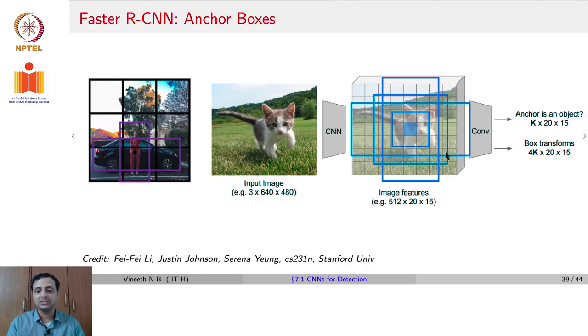You can define an anchor box that's given by this rectangle here, another by this rectangle here, and another by this rectangle here. So these are a set of predefined rectangles which, given the center, can define several kinds of regions around that center.